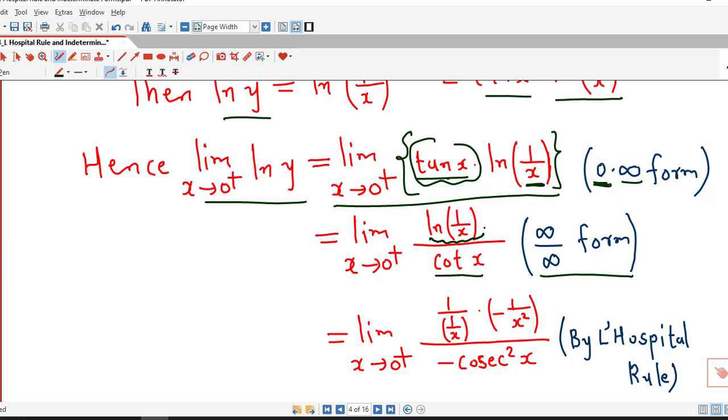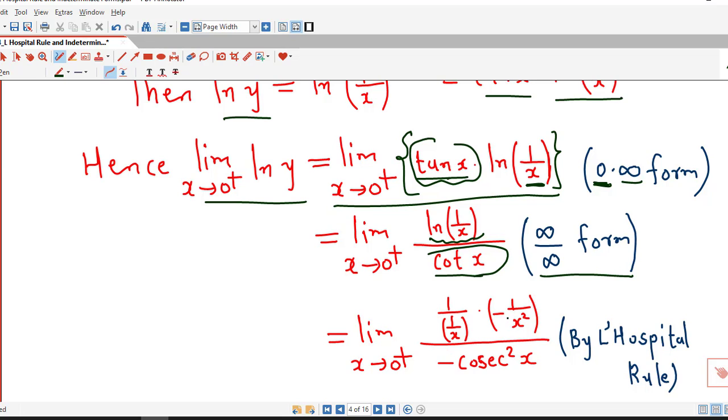So derivative of log of 1 by x is 1 over 1 by x into derivative of 1 by x, which is minus 1 over x square. In the denominator, derivative of cot x is minus cosec square x.